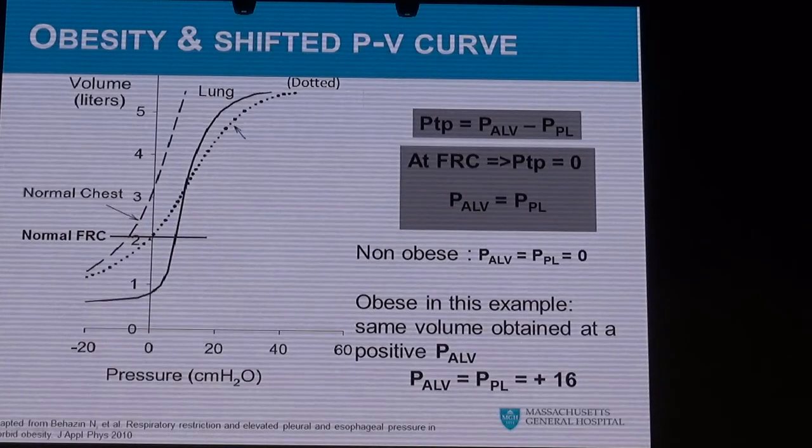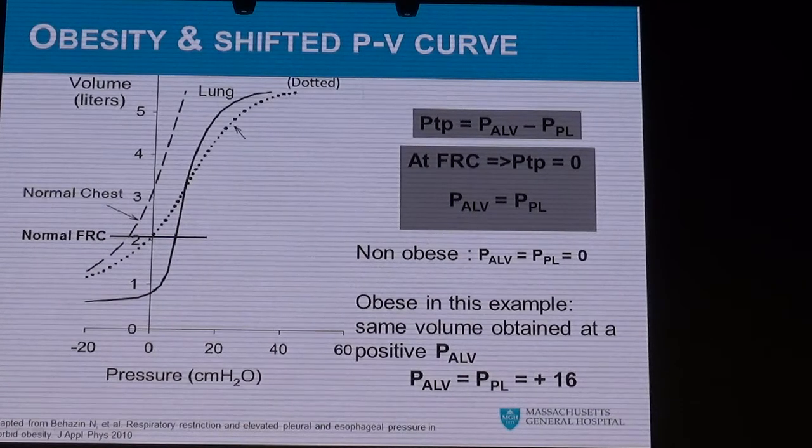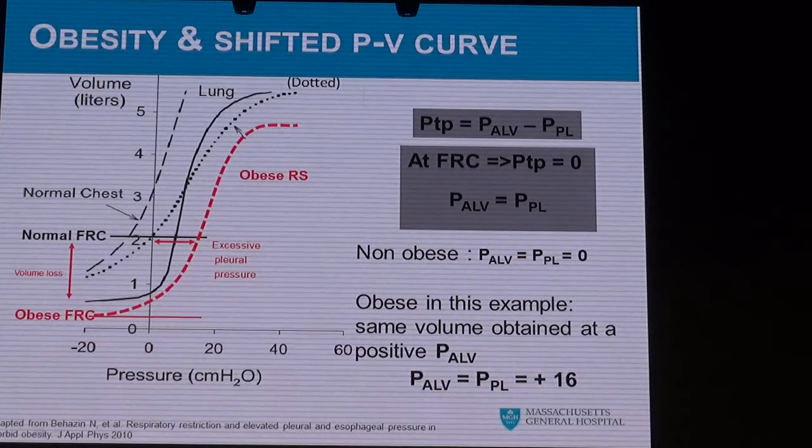So here I think is the interpretation of our data. If we go back to the PV curve of the lungs in the obese patients, what I really propose is that there is a shift of the PV curve down to the right. So if you think about normal FRC, it's at zero, atmospheric pressure.